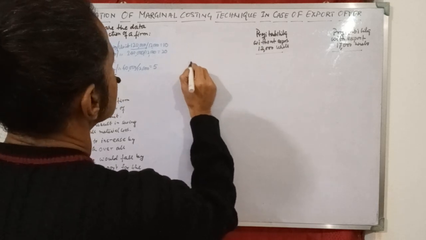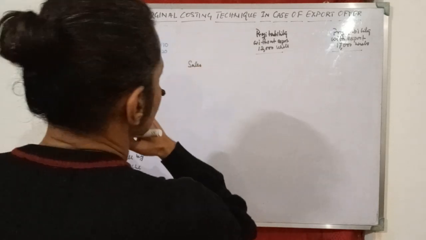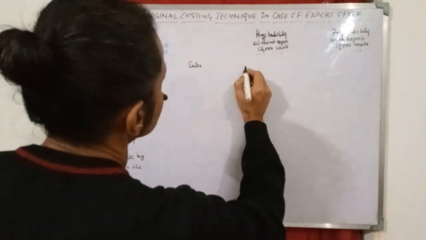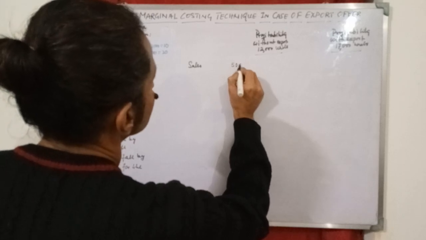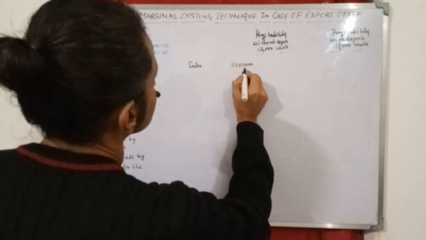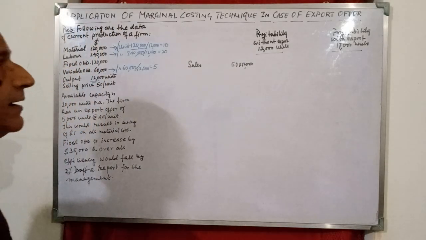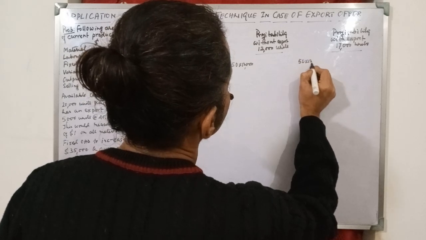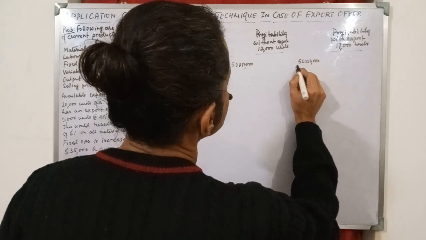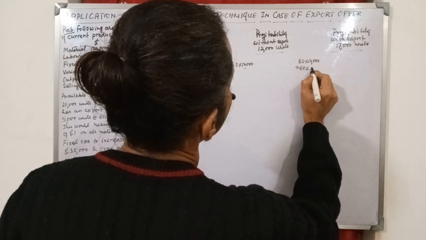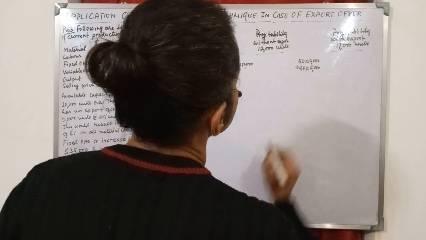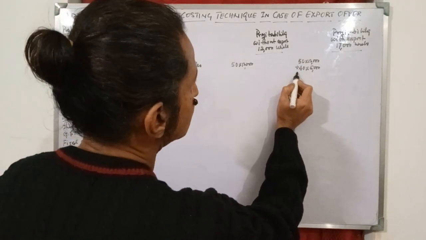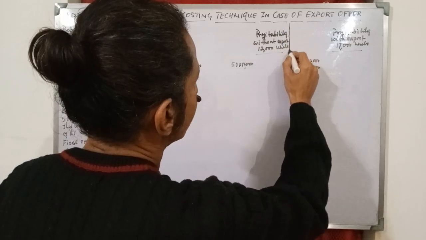Now sales. What is the domestic sales price? 50 per unit. So here we shall write 50 into 12,000, and here 50 into 12,000 plus 40 into 5,000. This is the domestic sales and this is export sales. We have two segments.